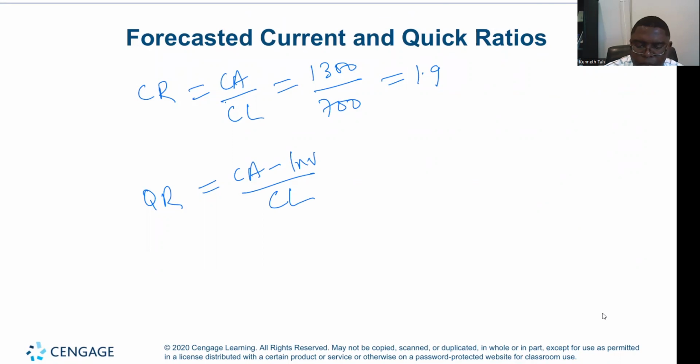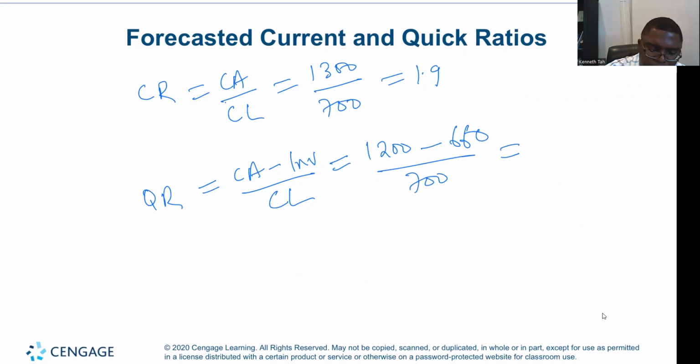One of the assets that cannot be quickly converted into cash is inventory. So for the quick ratio, take out inventory. The quick ratio is going to be current assets, which are reported at 1,200, minus inventories, which is 666, divided by current liabilities, which is 700. That gives us a quick ratio of 0.9.